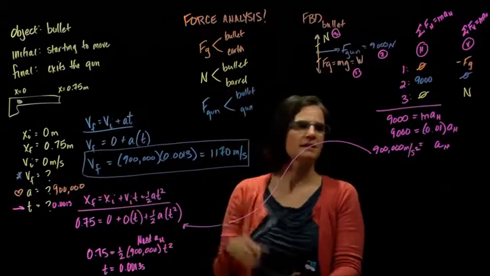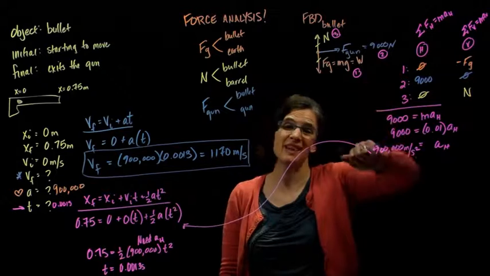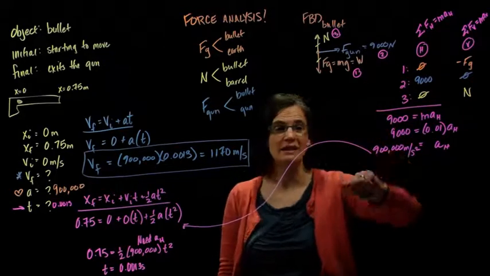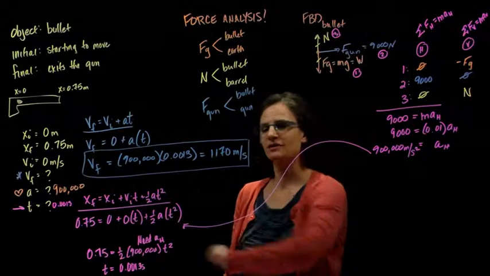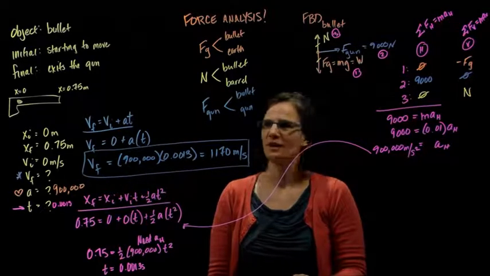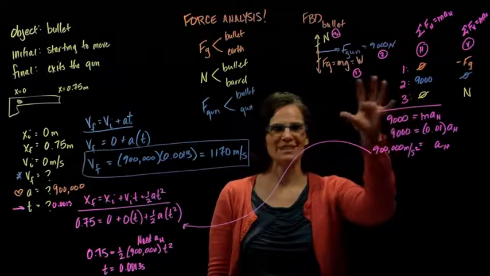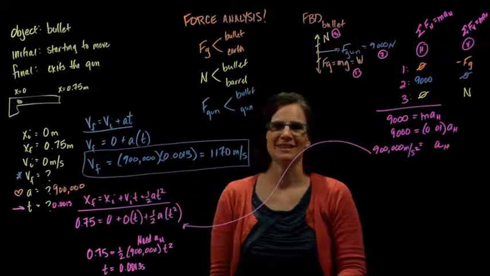Doing the force analysis, we find our acceleration. I didn't even care about the vertical dimension in this problem because all I needed was the acceleration horizontally, and I had enough information to do that. Using that horizontal acceleration, I could find my time. Knowing my time, I could find my final velocity. So again, linking force analysis through acceleration and solving for what we need. Good job.